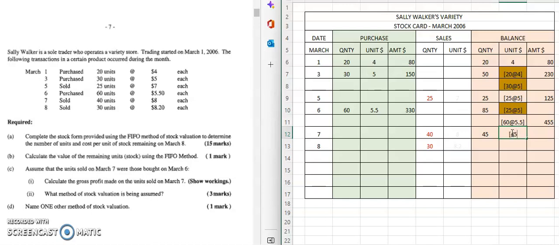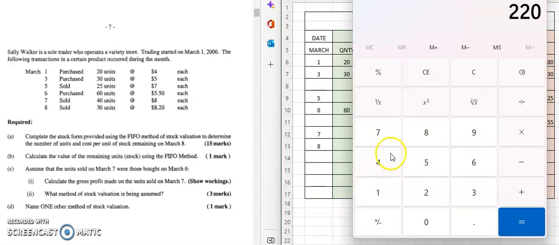So 45 times 5.5 would be the figure that goes here. All right, so what is 45 times that? I believe it's about 220, but let's make sure that's correct. 45 times 5.5.